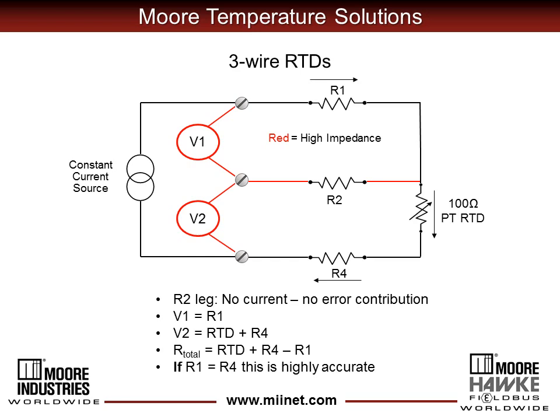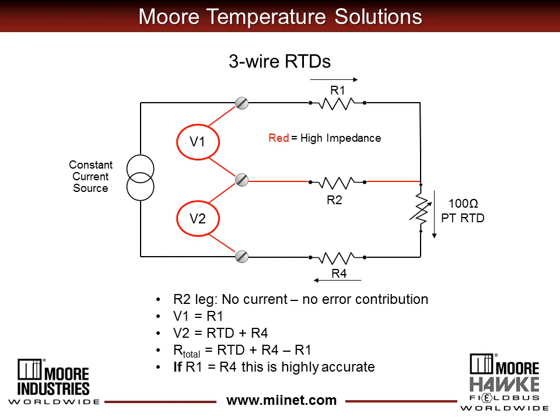The third lead is added to the RTD, and we're going to make this temperature measurement by making 2 voltage measurements as shown, V1 and V2. The important thing to remember is that these, quote, voltmeters are high impedance.